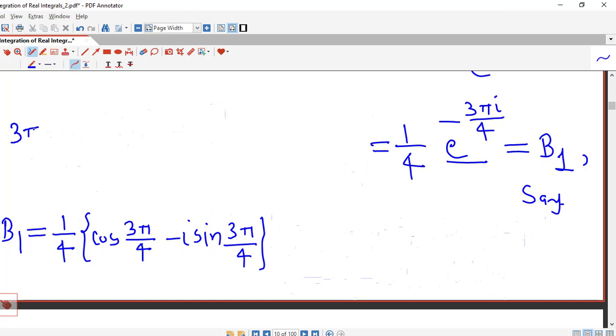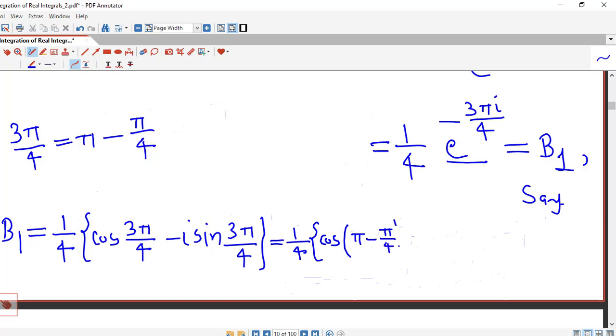Now this angle 3 pi by 4 can be rewritten as pi minus pi by 4. We can see this is going to be 4 pi minus pi, that is 3 pi by 4. So we replace 3 pi by 4 by pi minus pi by 4: cosine of pi minus pi by 4 minus i sin of pi minus pi by 4.